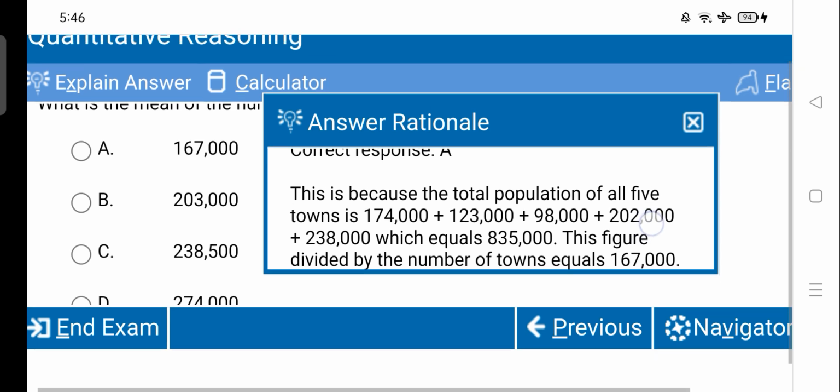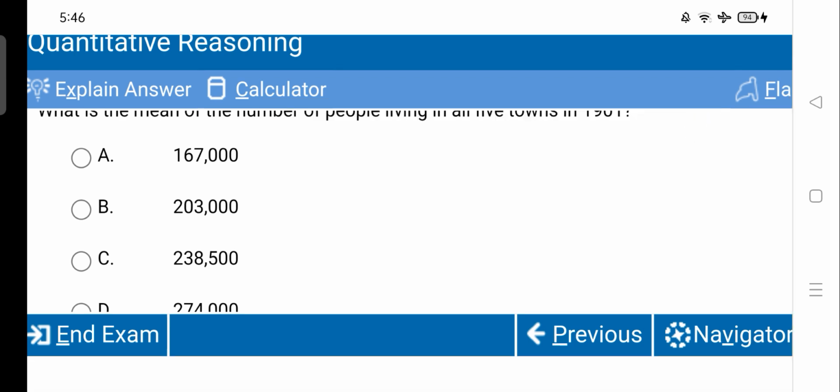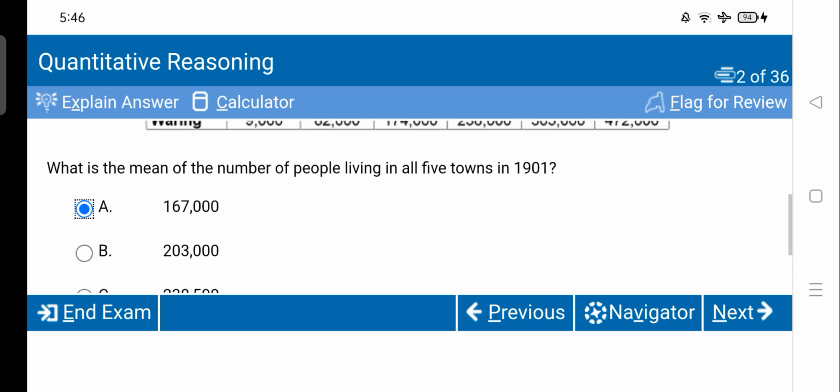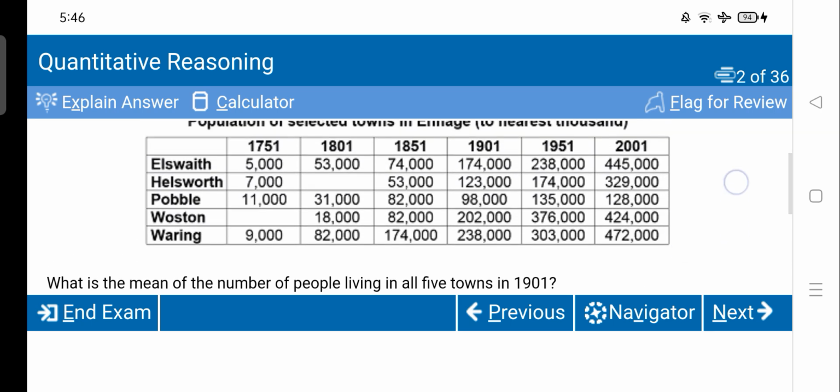This figure divided by the number of towns equals 167,000. That's how we can say the correct option is option A. So 167,000 is the mean of the number of people living in all 5 towns in 1901.